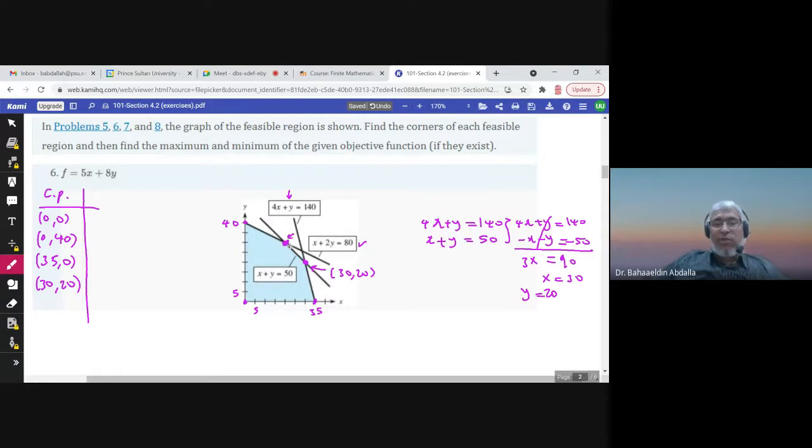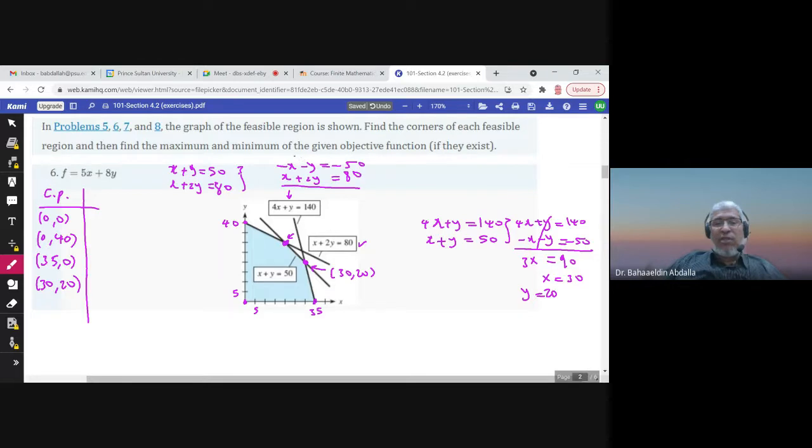Now what about this point? This is the intersection of the line x plus y equals 50 and the line x plus 2y equals 80. I multiply the first one by -1 and keep the second one as it is.